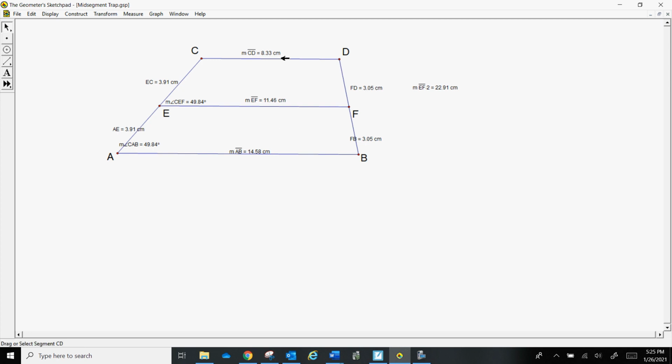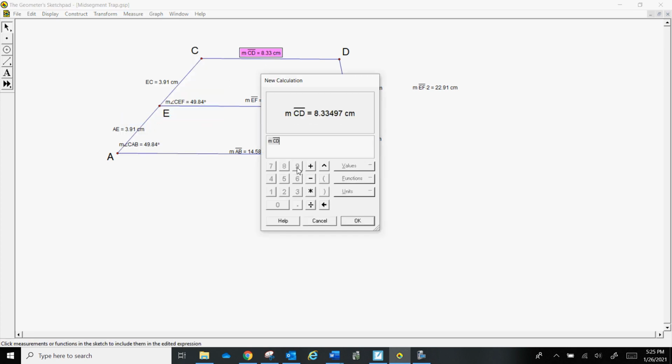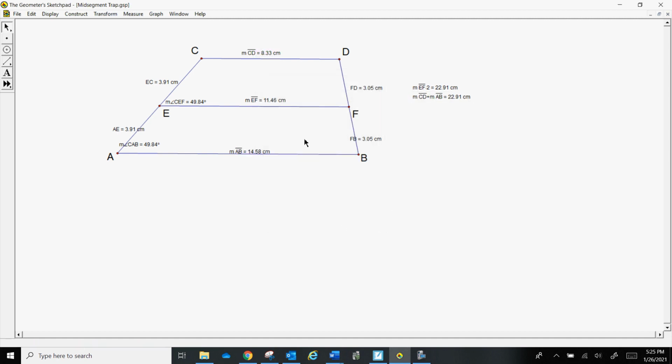Ooh, look at those two. Let's try adding those together. If I hit calculate again and add together these two bases, there we go. So this midsegment is not half of one base, it's half the size of these two bases added together.